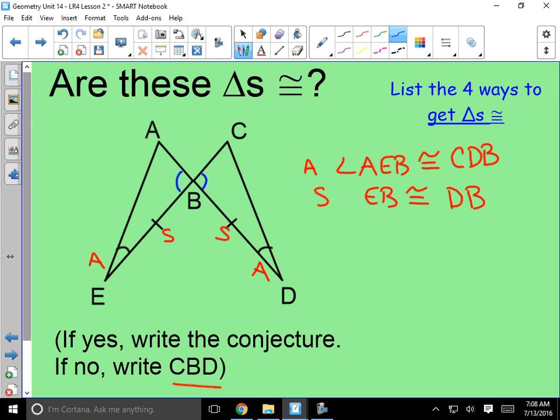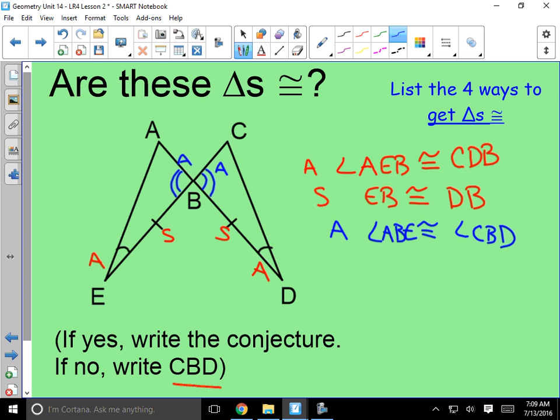So angle ABE is congruent to angle CBD. We know that based on the vertical pair, and I should actually give that a different tick mark measurement. So then that is another angle.